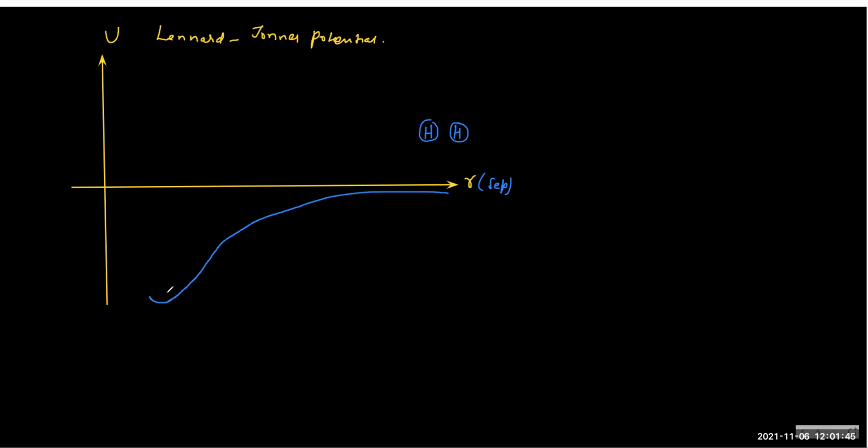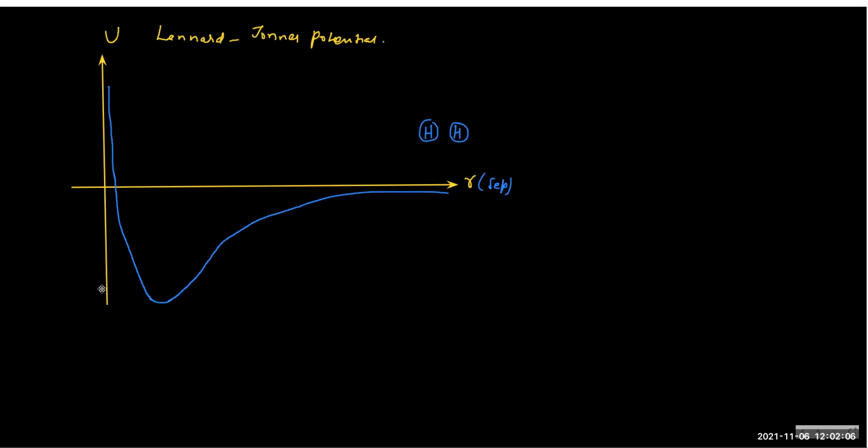But if you try to go beyond this, the potential will again rise. And at zero separation, which is not possible, it will become infinity. So it will go asymptotically very high.